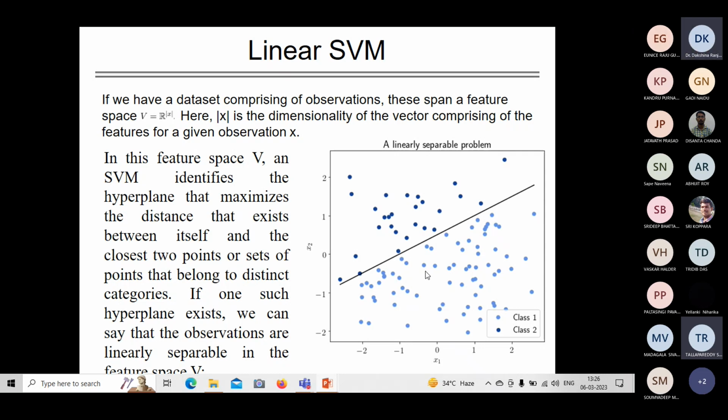So some points here, you can see, may be found to be misclassified. If they are misclassified, that means some points from class one will be found in the region of another class, and some points from the other class will be found in the class from which we get the points.